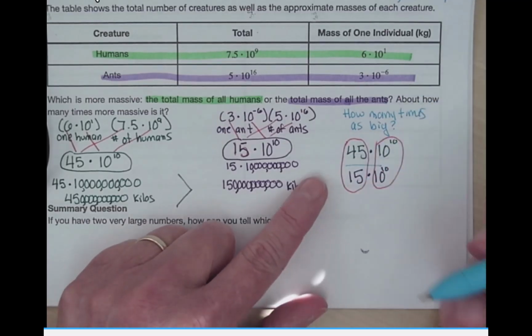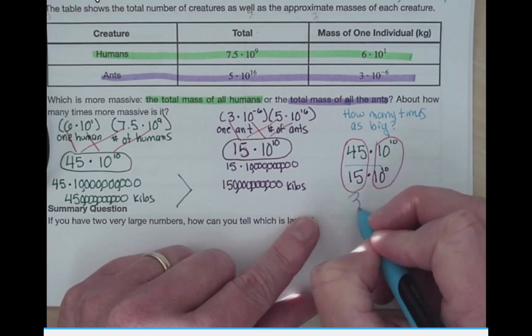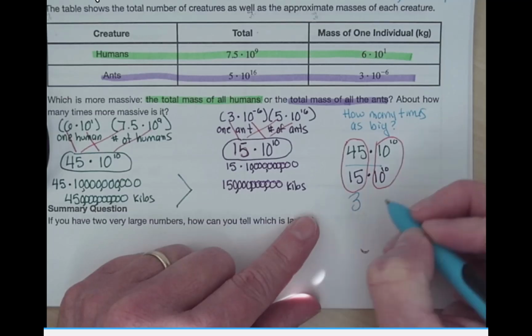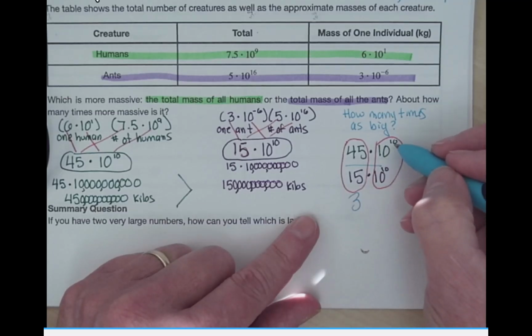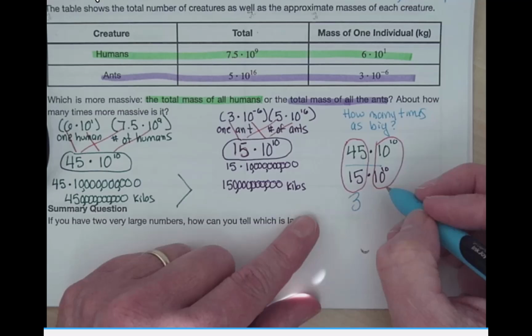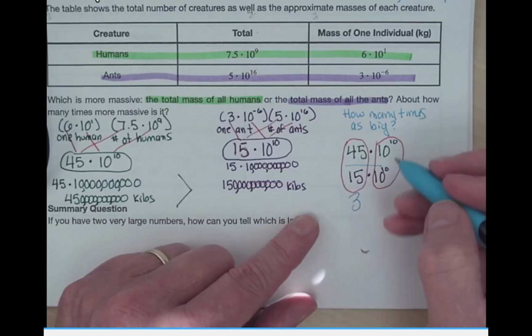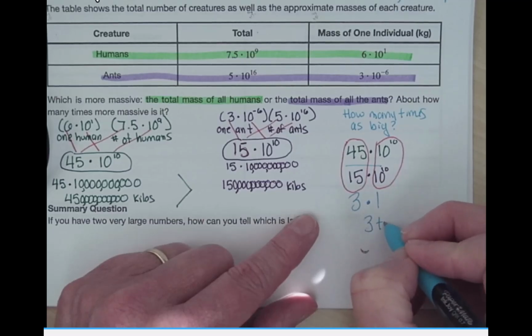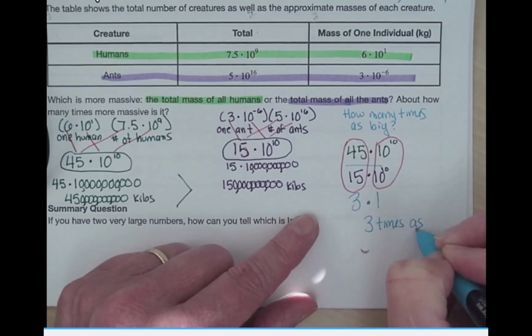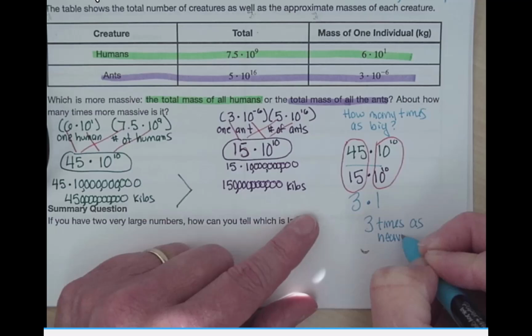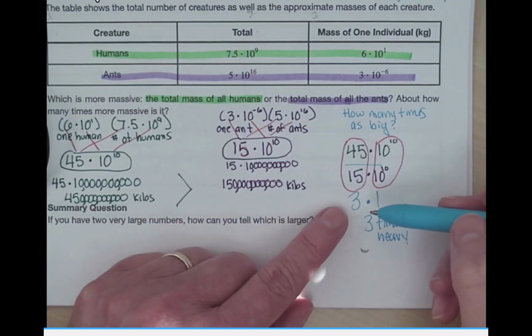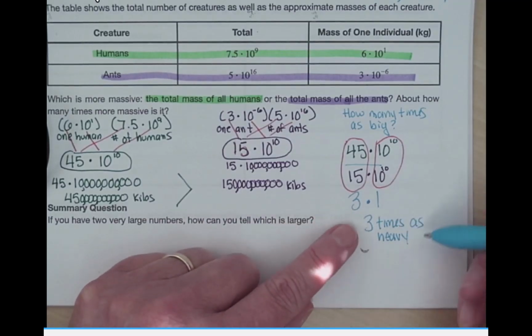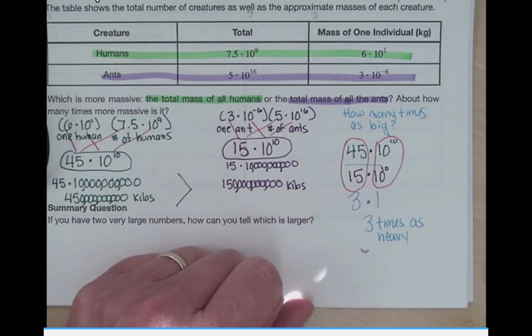Well, 45 divided by 15 is 3. And 10 to the 10th power divided by 10 to the 10th power, well, anything divided by itself is just 1. So humans total are 3 times as heavy as the ants are on Earth.